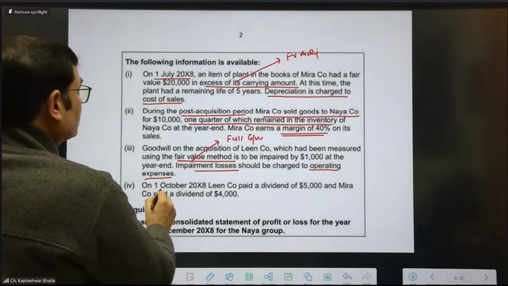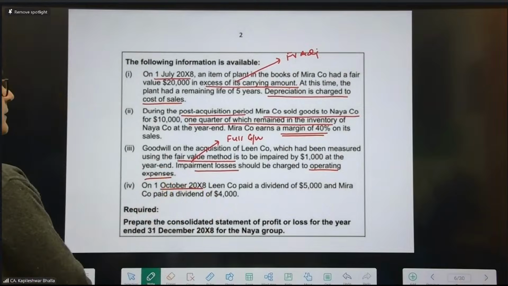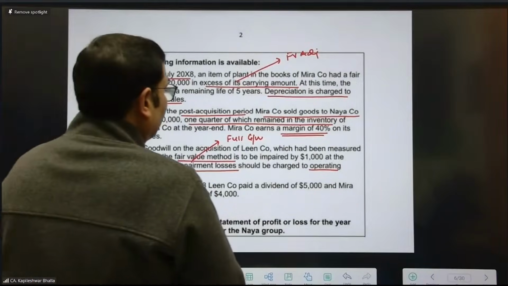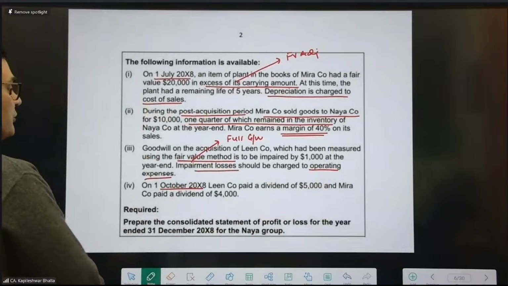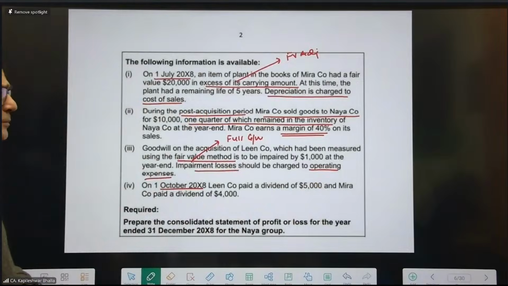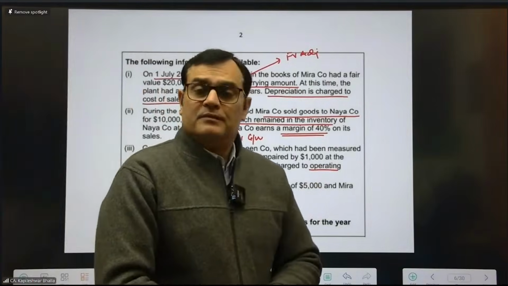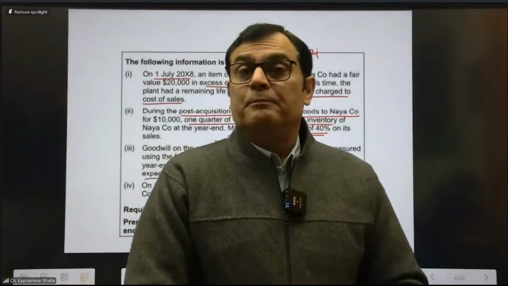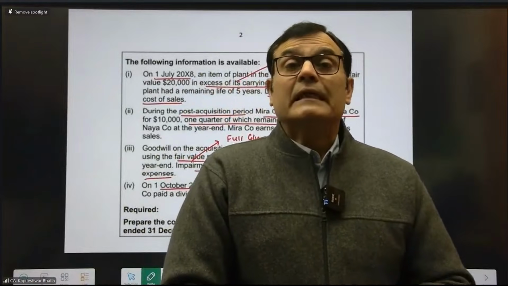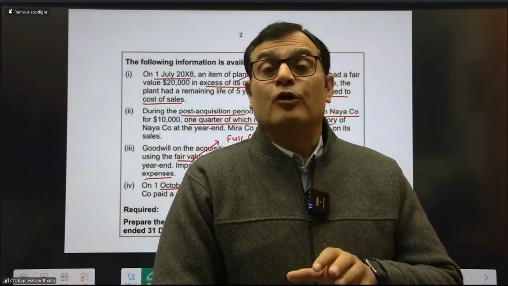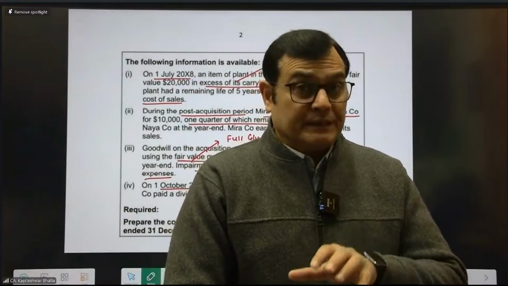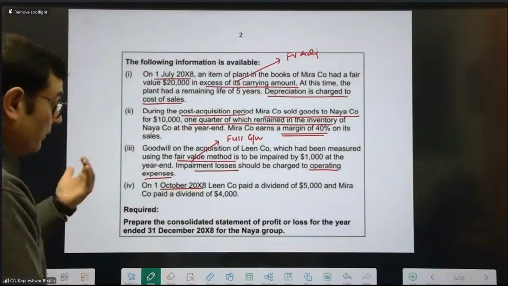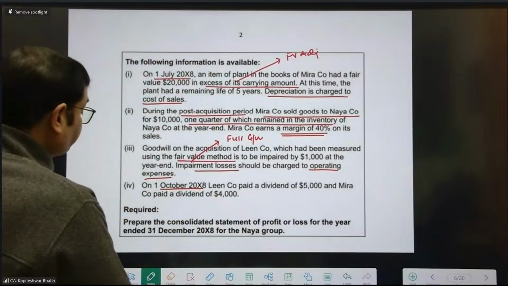Then he says on 1st October X8, Lean paid a dividend of 5,000 and Mira paid a dividend of 4,000. The subsidiary companies paid a dividend. If the subsidiary companies paid the dividend, the parent must have received this dividend, and that requires an elimination of the intercompany owings. This is receivable from the parent's point of view.